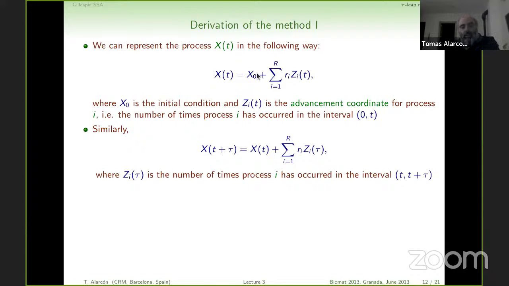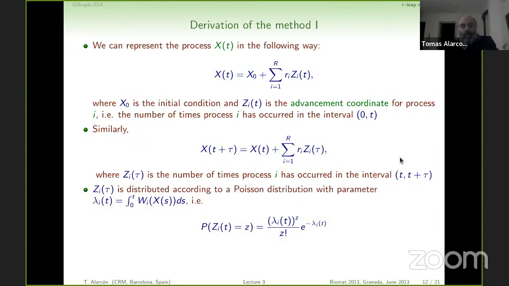Similarly, we can write the state of the system at t plus tau as the number of individuals at time t plus this thing, where now zeta I of tau is the number of times that the process I has occurred in time tau.